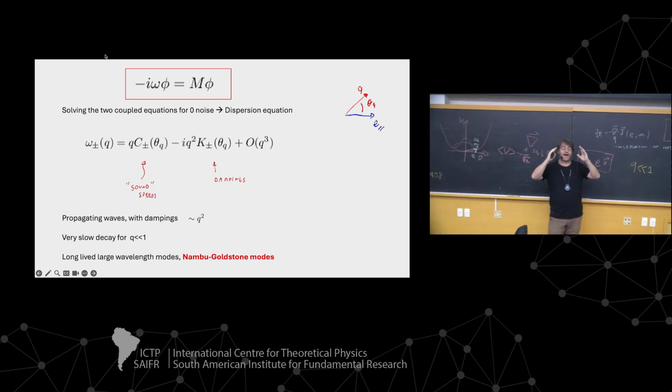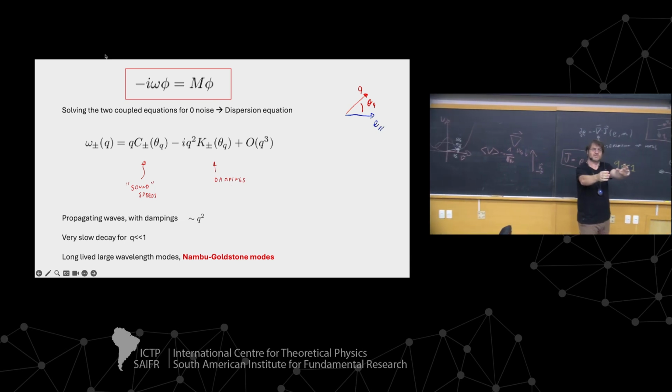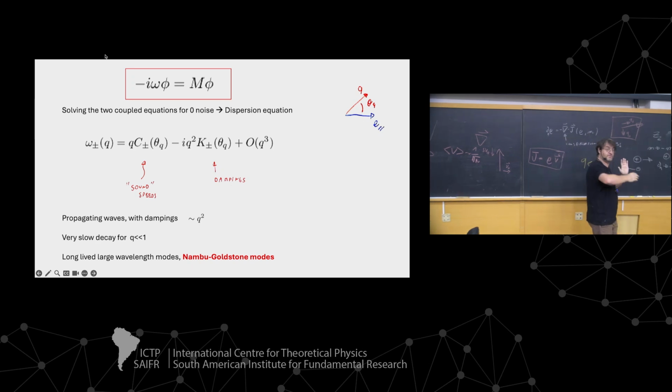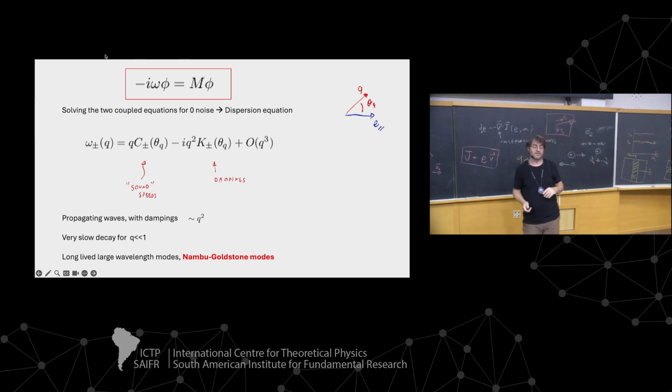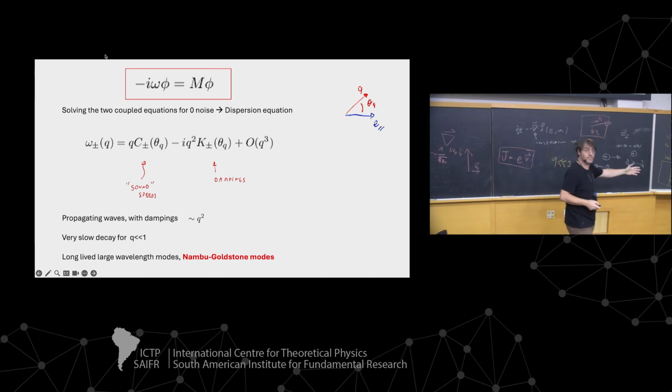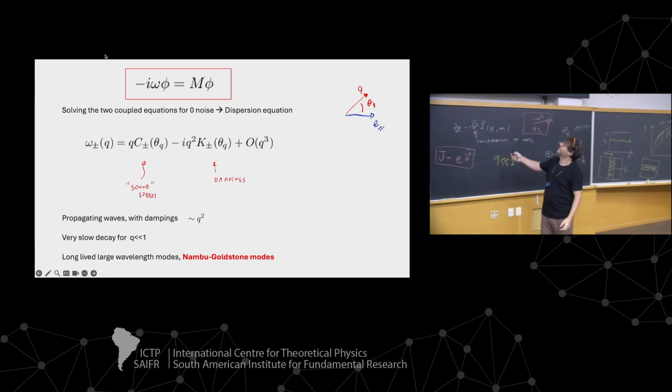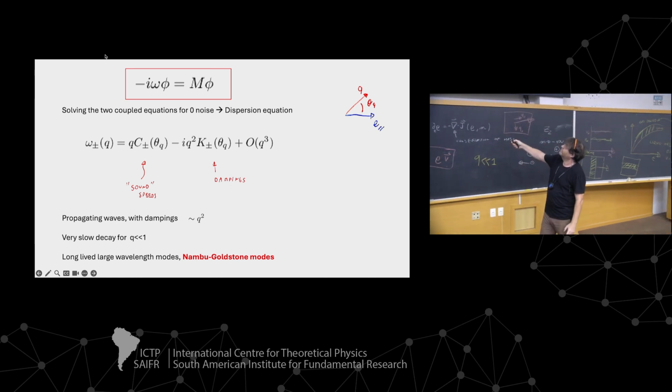It's telling you, I have propagating stuff in my system, okay? This is telling you how the signal propagates around. I have two velocities. It's a funny thing, but it is how it is. But you have two, and you have propagating waves, which propagate with this velocity q c plus or minus and are damped with q squared k plus or minus.